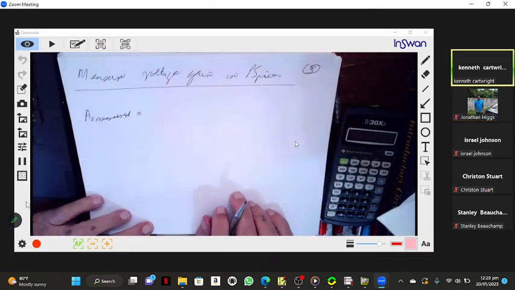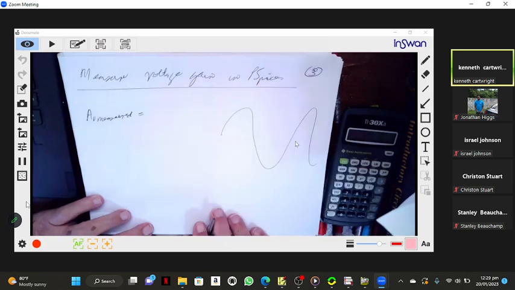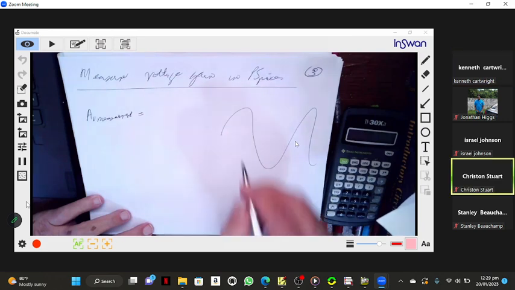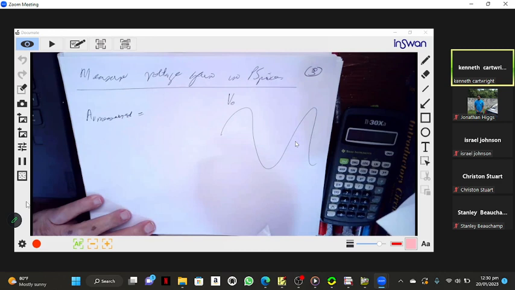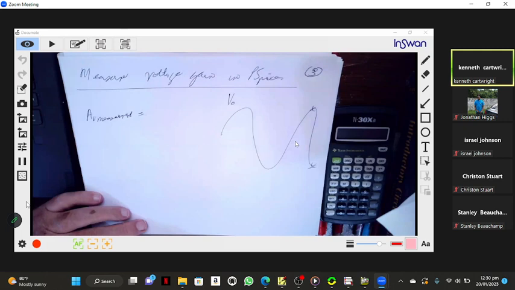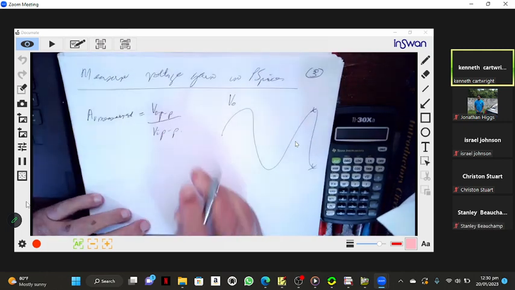All right, so there's V out. What are you going to do with that? Get the peak to peak values. Thank you very much. V out peak to peak, divided by VI peak to peak. That's the measured value.